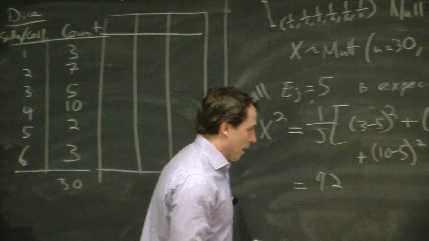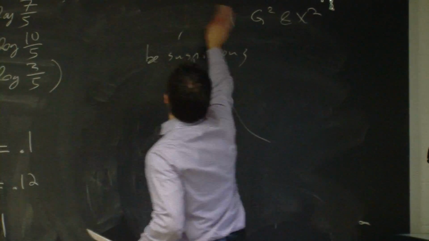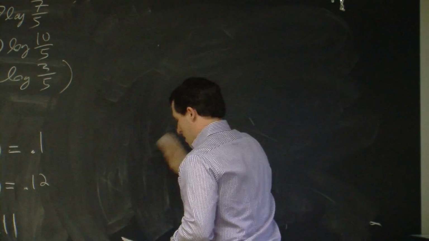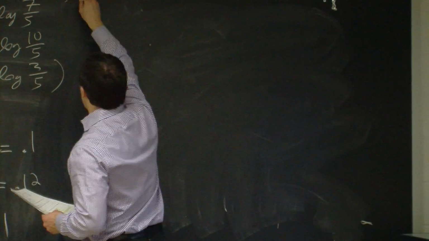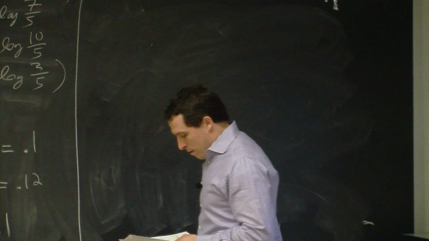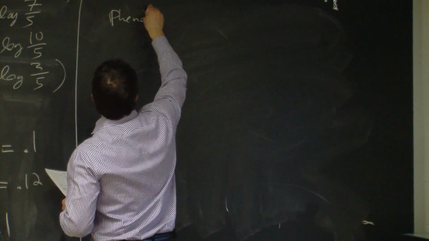So let's do another example, which is this Mendel type example. We have some tomato plants, and they have a phenotype.